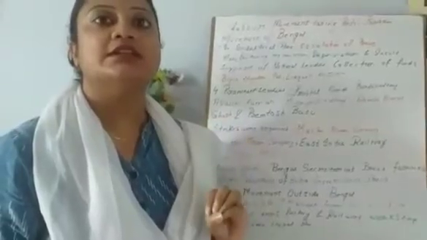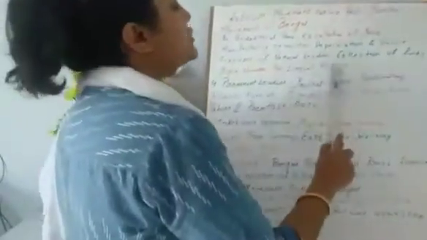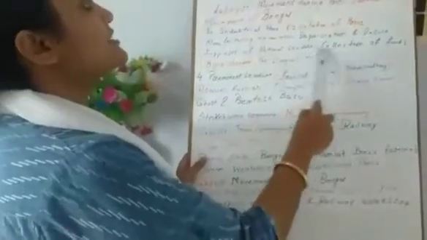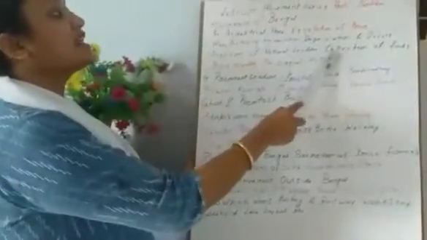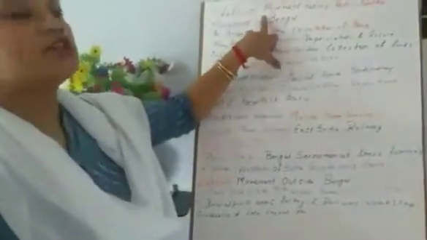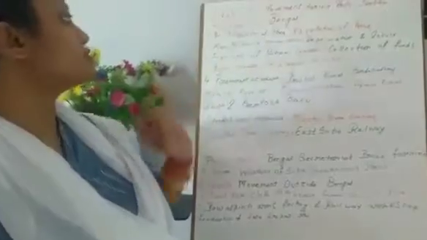Collection of funds. The collection of funds was mainly done by the national leaders, as national leaders collected funds from different areas and invested in this labor movement. And because of this collection of funds, the labor movement also gained momentum and importance.